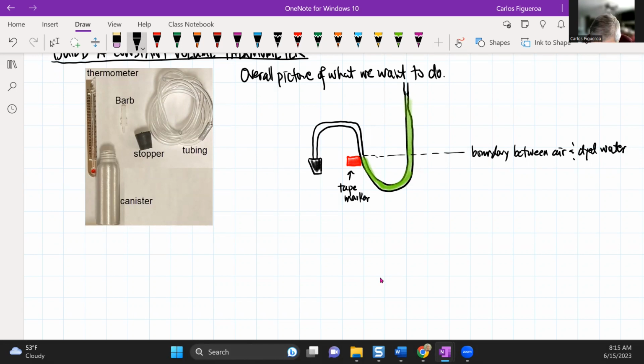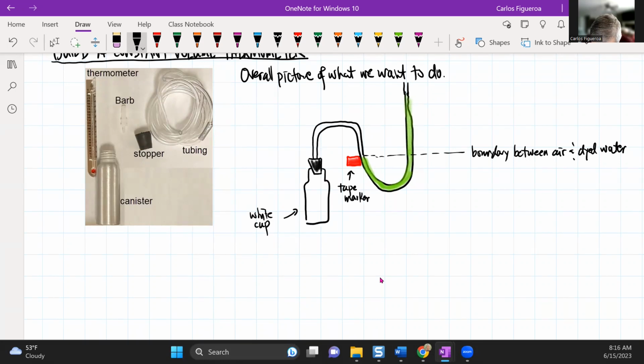So when you look at this, you're going to have in your kit, we've included this guy right here, a white cup. Well, actually, I want to draw this a little bit better. Oh, I made a mistake. I have to force it into the canister, which I neglected to mention.